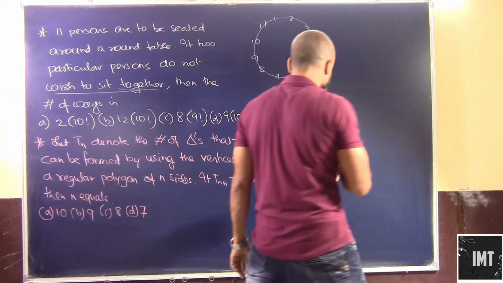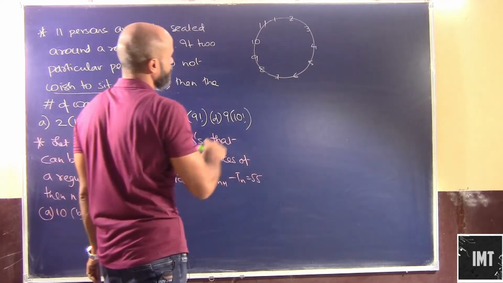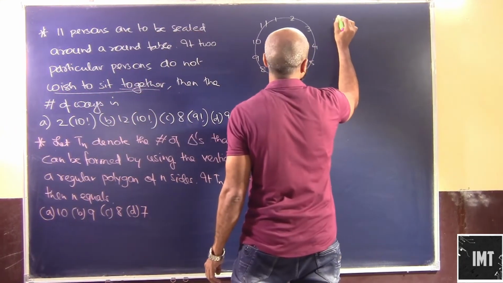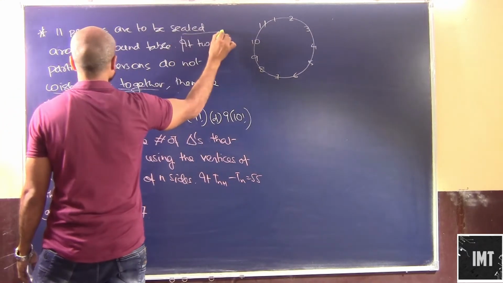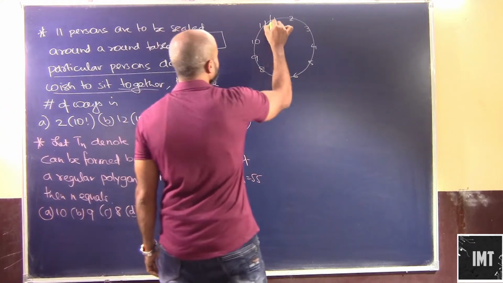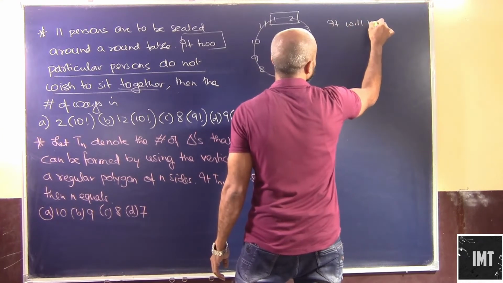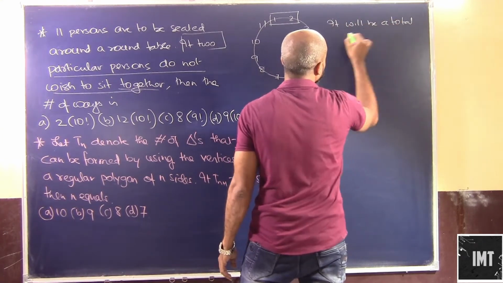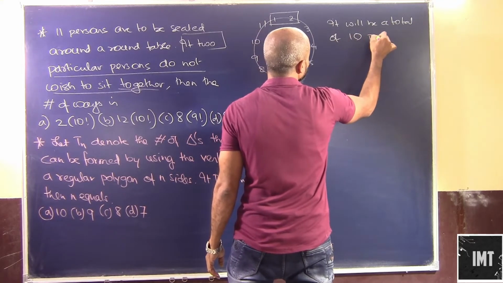Okay. Now, if 2 particular persons do not wish to sit together, if I take them as 1, then it will be a total of 10 people.